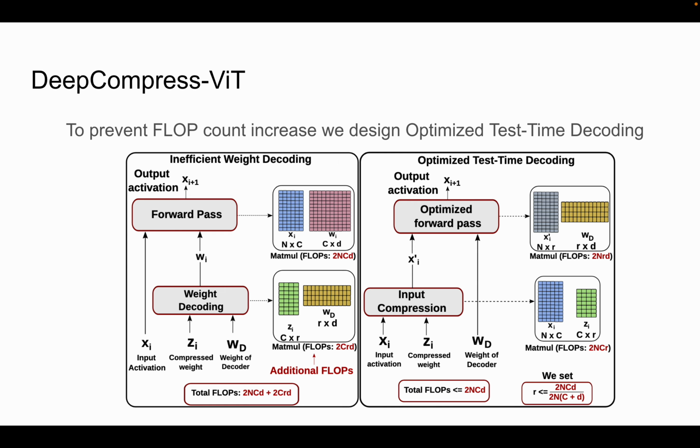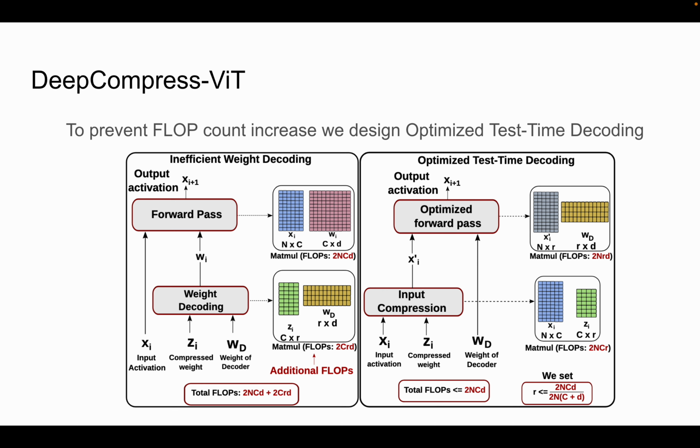One thing to notice is that the weight decoding in Deep Compress ViT leads to inefficiency in terms of FLOP count, because the FLOP count increases because of this weight decoding that is carried out each time during inference.